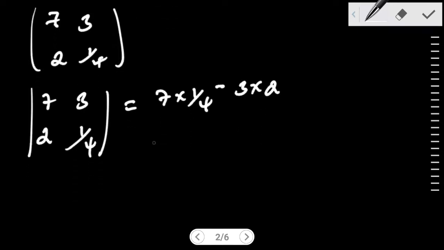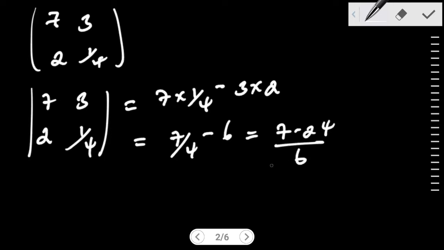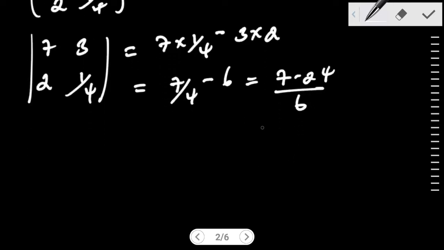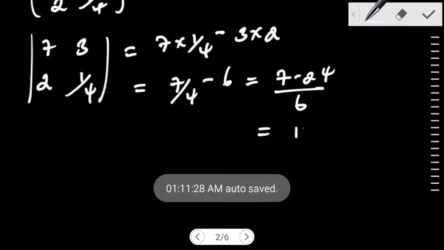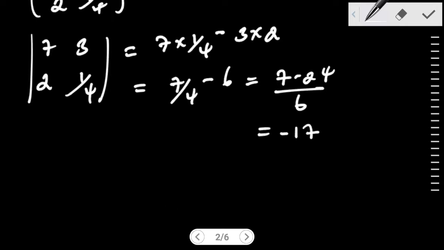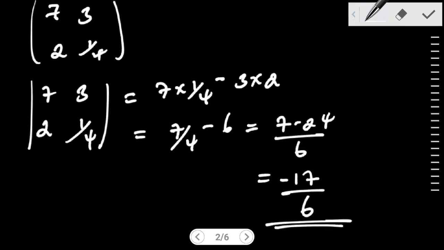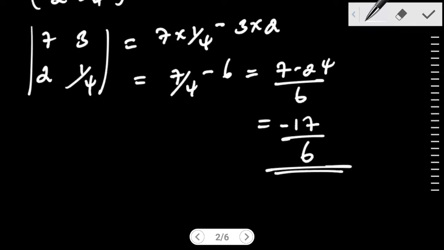This would be 7 out of 4 minus 6, which is 7 minus 24 all over 4, and this would be negative 17 over 4. And therefore this is how we work out the determinant of a 2 by 2 matrix.